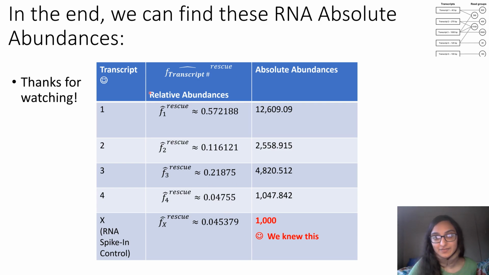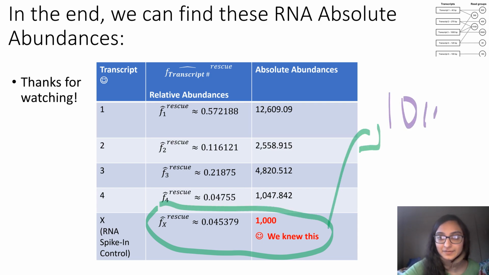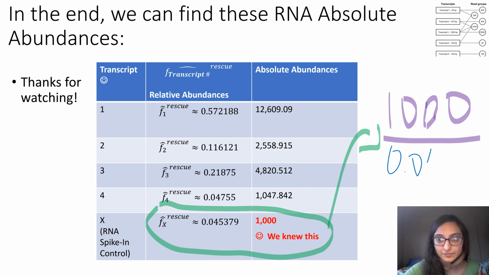So we could use the relative abundances and these two parts to define our scaling factor as just 1,000, this absolute abundance, over this relative abundance, 0.045379.